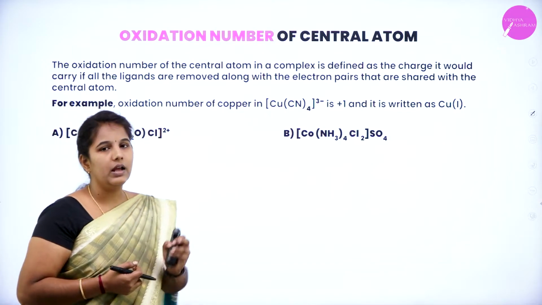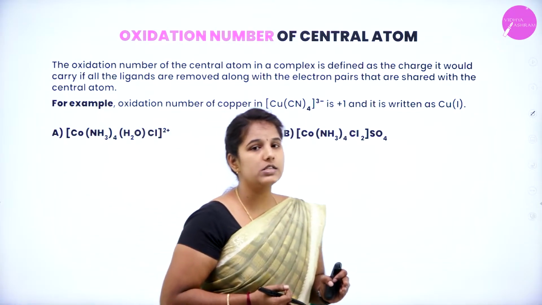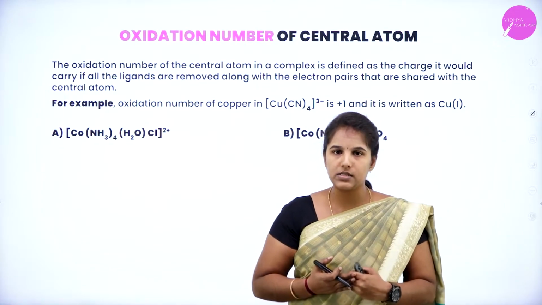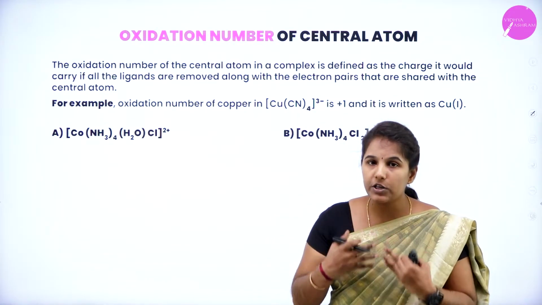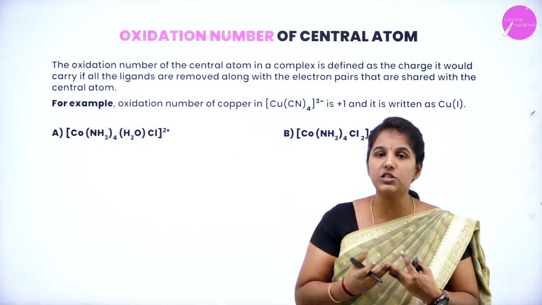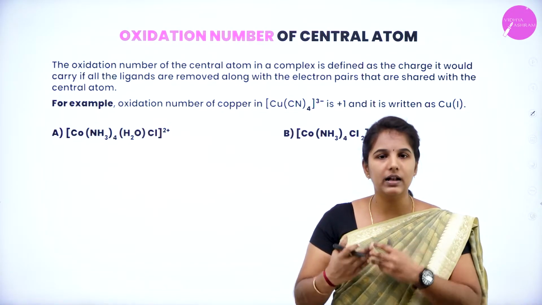Now, let us see how to calculate the oxidation number in the coordination complex. Specifically, we are going to understand the calculation of the oxidation number of the central metal atom.